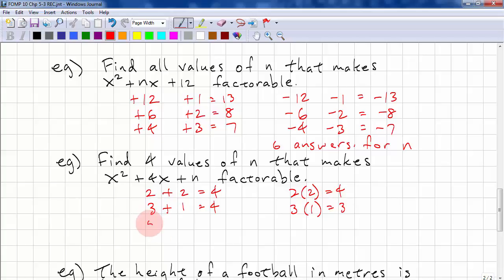We can do 5 minus 1, and that has a difference of 4. So 5 times negative 1, that gives us negative 5. And we can do 6 times negative 2, and that gives us an n of negative 12.